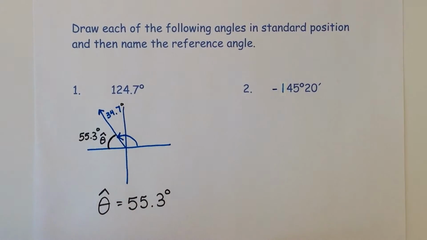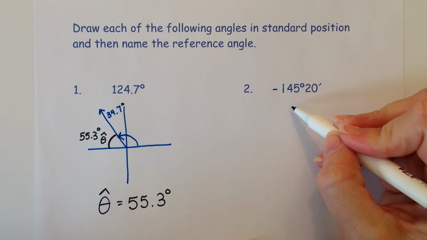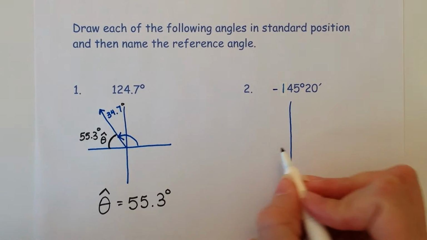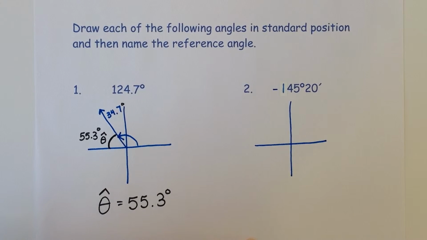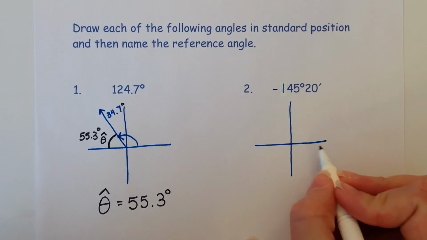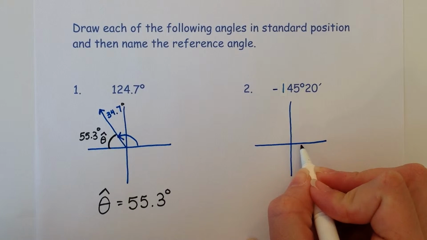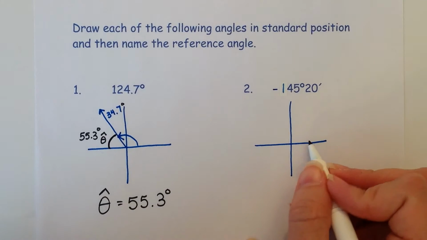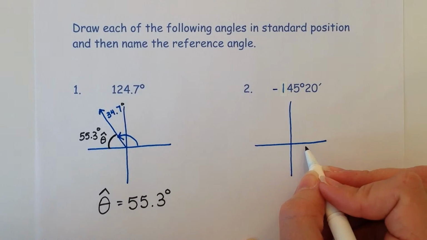Okay, the second one that I have here is -145 degrees, 20 minutes. So drawing that one in standard position, again, you'd start on the positive end of your x-axis, this time rotate clockwise. Of course, you can just use your calculator to help you do the calculations here, but you would need to keep everything in degrees and minutes.